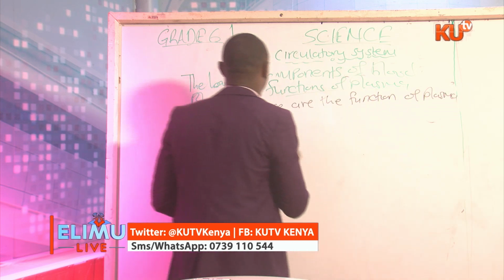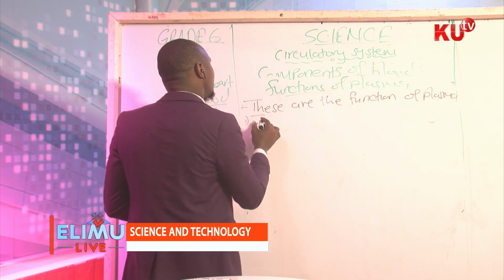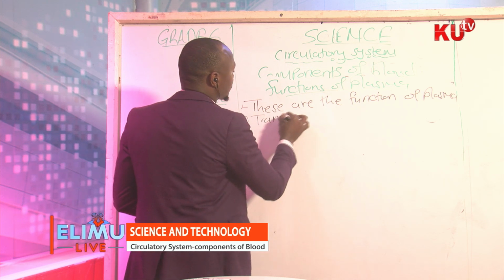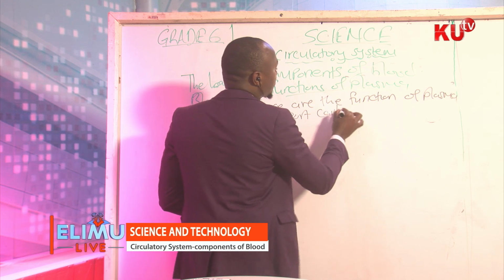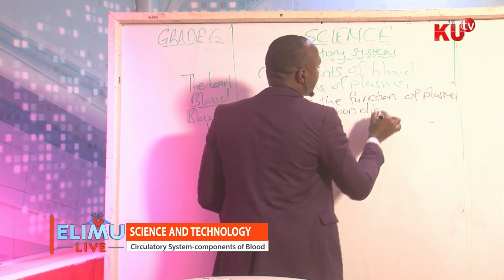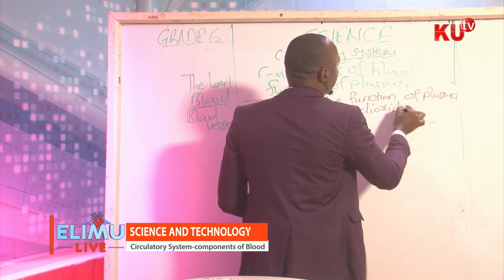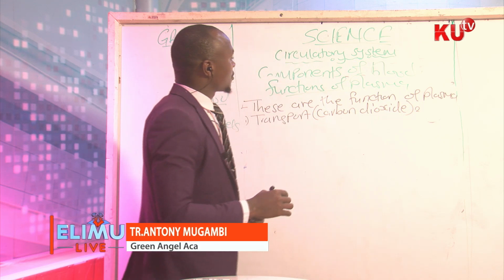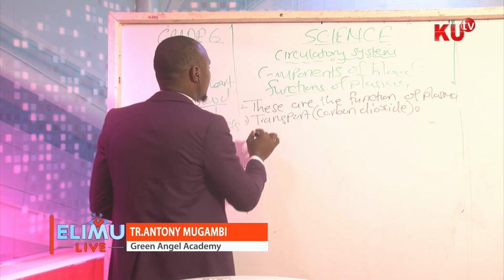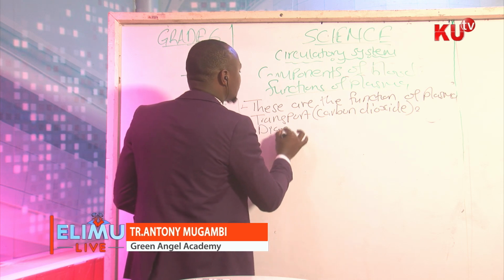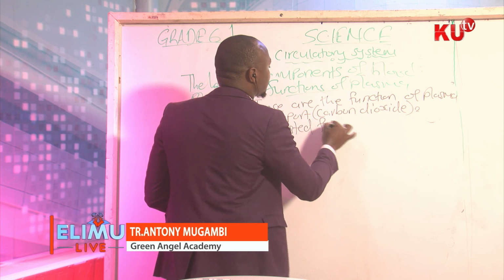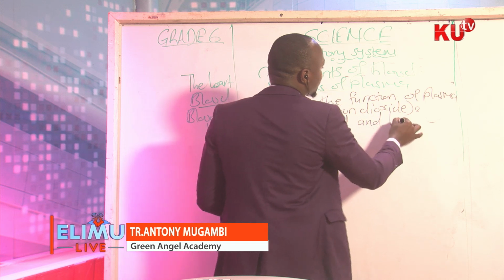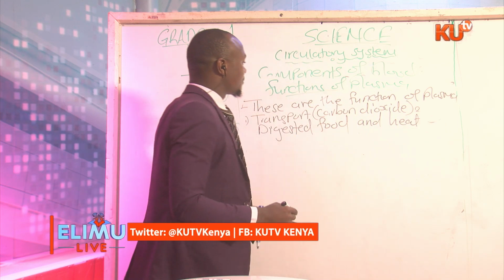Plasma. We have said they transport carbon dioxide. Put into bracket, multiplying by 2, transport carbon dioxide, transport digested food, right there, digested food, and heat. We have seen also it transports heat from the liver.